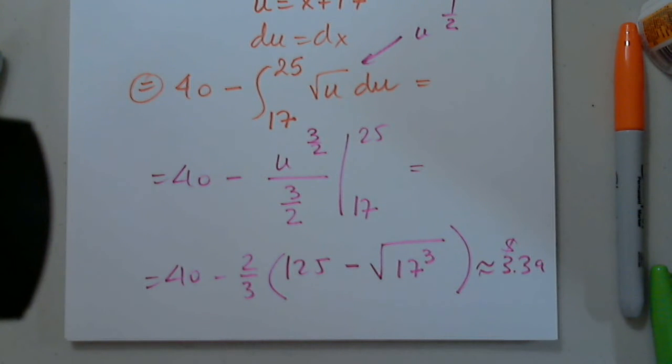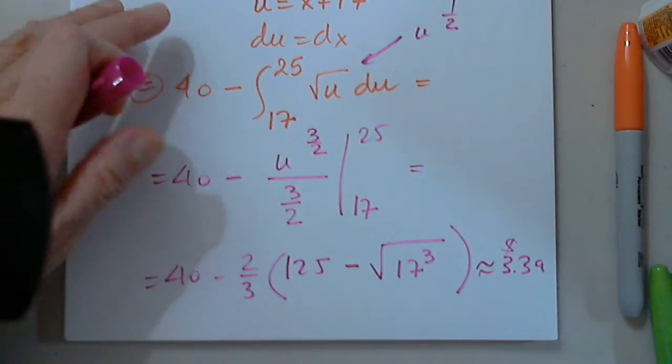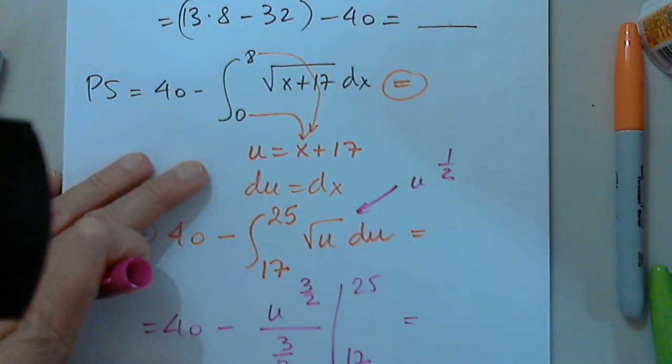Where am I here? And that is, what was it, 9, I think? No, yes, it was 9. And let me also insert in front of it, because I want the whole thing, 40 minus, okay? And now what was it? The integral from 0 to 8, and of course the x, and the square root, and I have x plus 17.